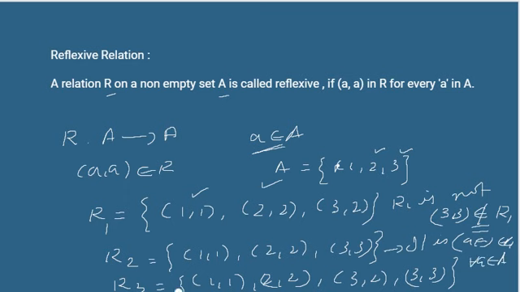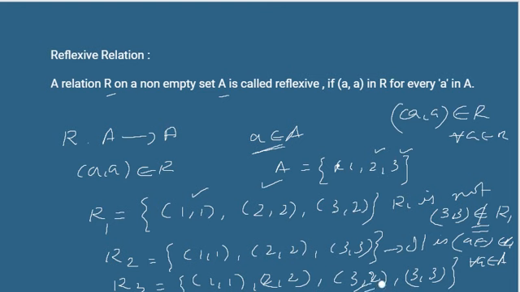And what about the last one, R3? (1, 1) is here, (2, 2) is here, (3, 3) is here. We do not bother whether any more ordered pair is there. We will see whether (a, a) belongs to R for all a in A. According to the condition, (1, 1) is present, (2, 2) is present, (3, 3) is present.